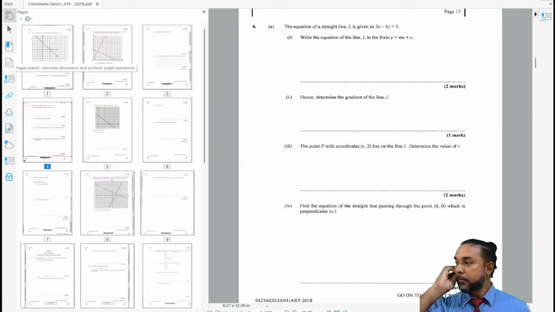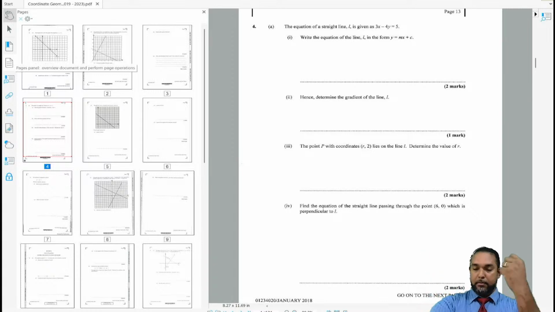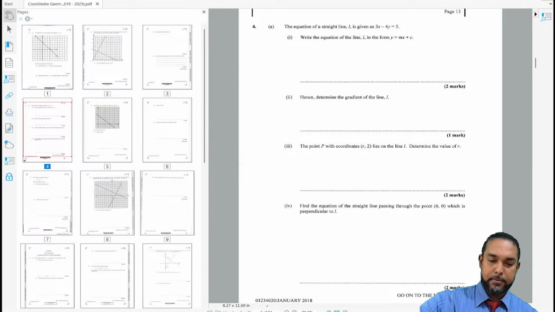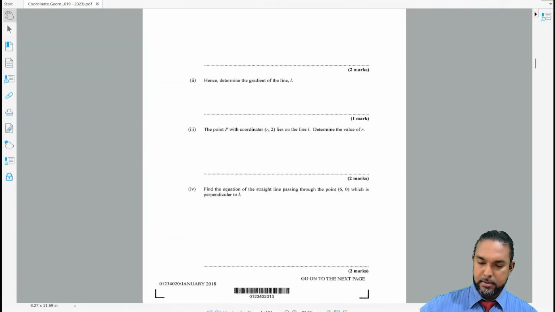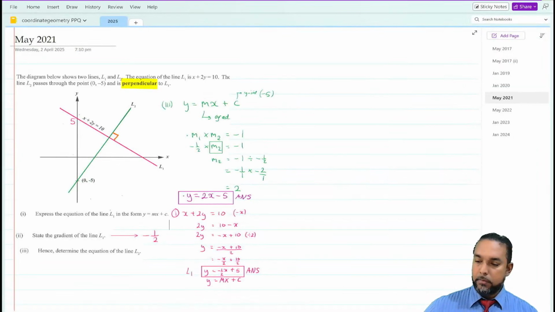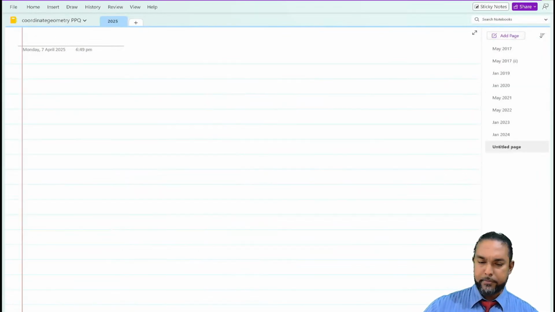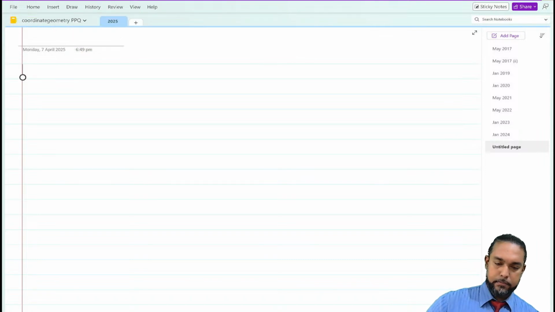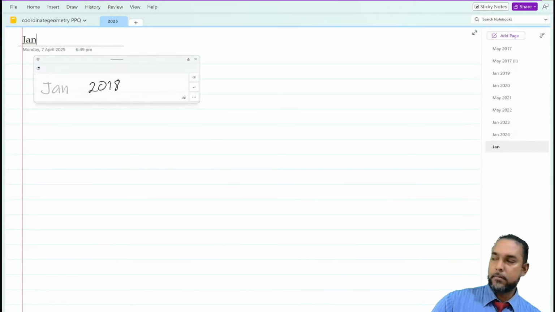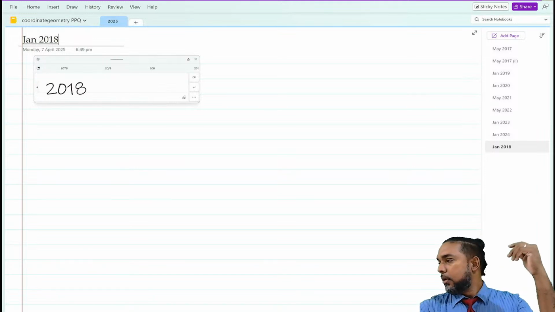Okay, cool. Everybody have a copy of the page? Okay, give me 1 second. Let me put this aside. I just want to copy and paste that whole thing. This is the Jan 2018. Okay, cool. All good?